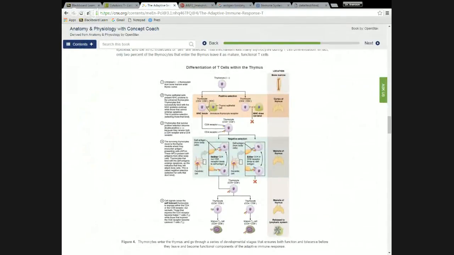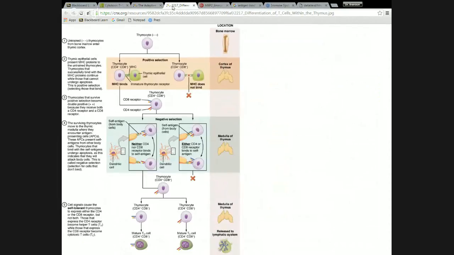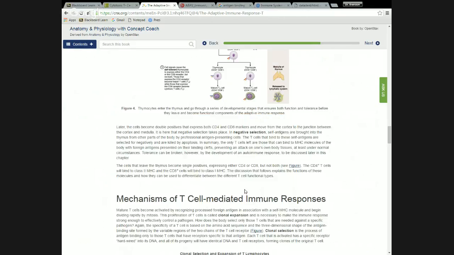And then also what I just showed you about activation, our book shows it this way, which isn't different from what I showed you, it just puts it all together. Oh, I take it back. This is the picture for maturation, which is happening in the bone marrow or the thymus. I don't think that's what I want to show you.